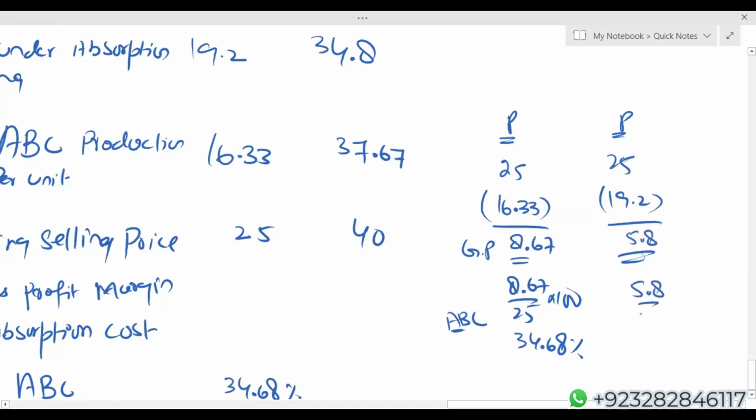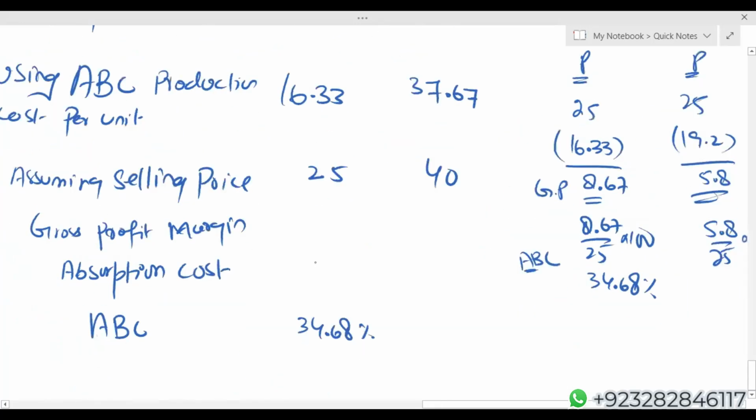So 5.8 divided by 25 into 100, I'm getting 23.2%. So it can be seen that under absorption costing, plus is having the lower gross profit as compared to ABC.